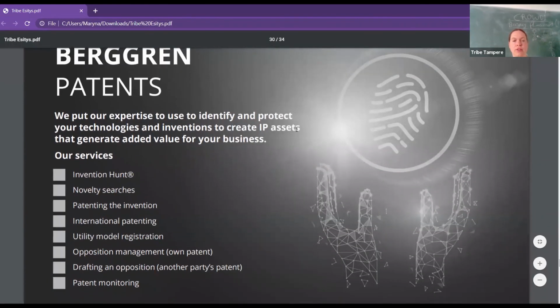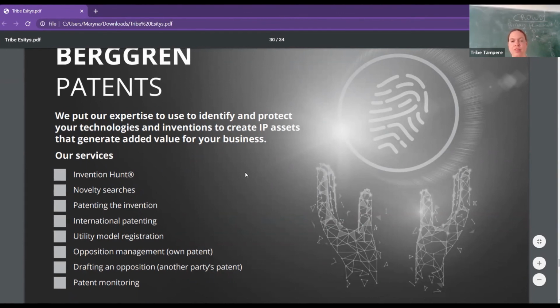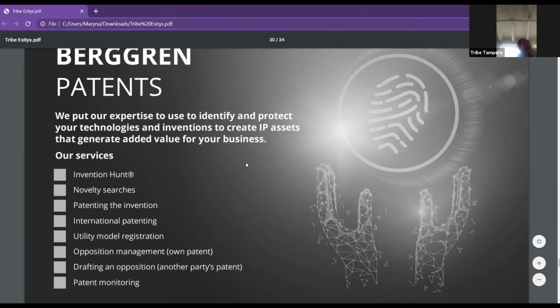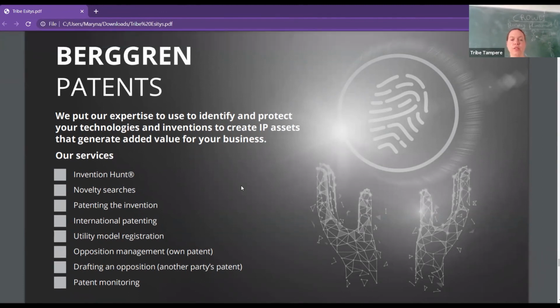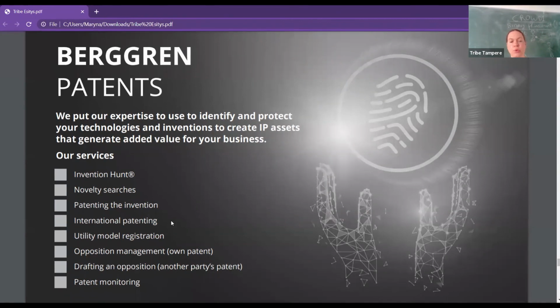And then we have patenting services. So anything starting from when you have made your invention, we can help you to find out what is best to protect, and then do a search to assess the novelty of your invention, and then we can make the application for you and draw the drawings also, and then help you also with filing it internationally.